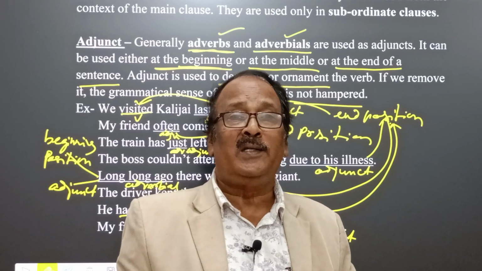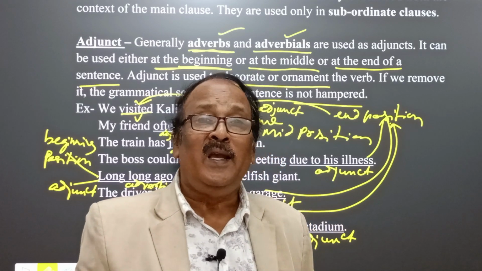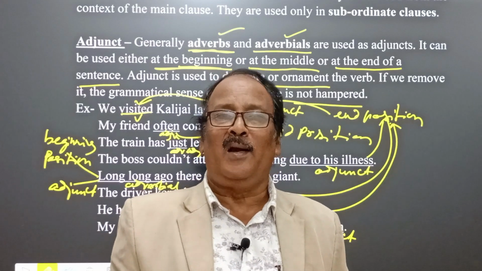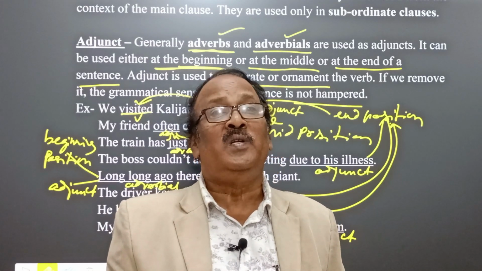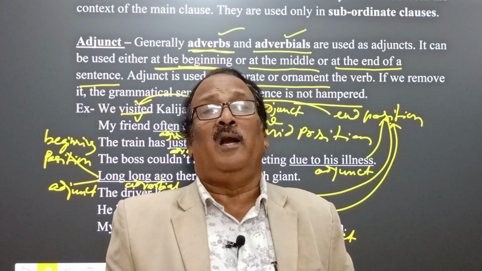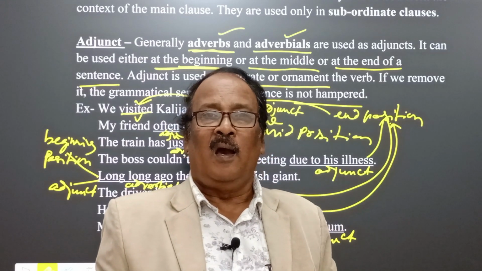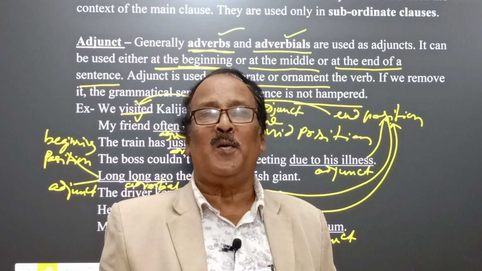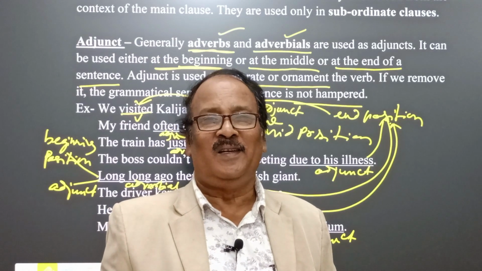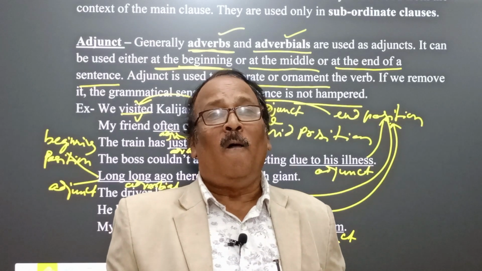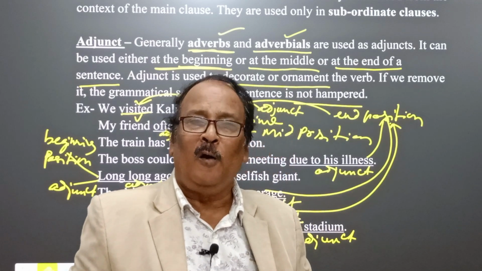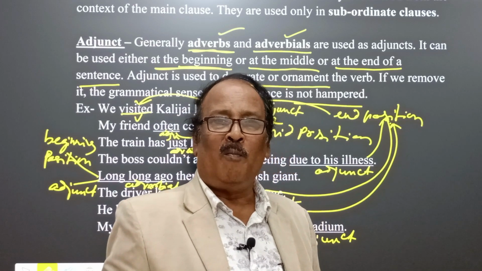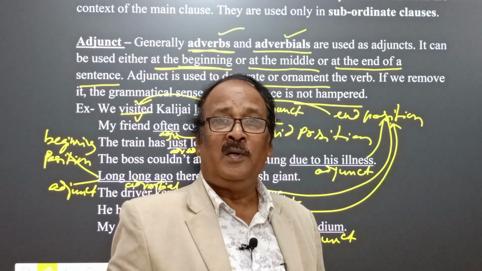Therefore, my dear students, take interest in knowing about the very nature of complement and adjunct, their positions, their behavior, and then definitely our speaking and writing English will be very comfortable and pleasant. Yes. With this, I conclude today's segment in connection with the complement and adjunct.